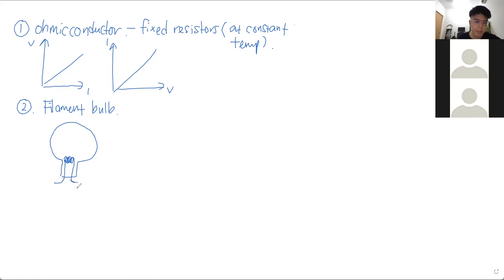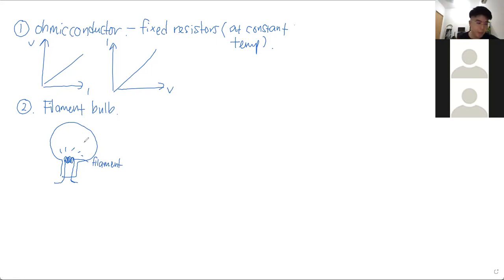Tungsten can withstand very high temperature. So electricity passes through the wire, and this wire is heated. We call the coil of wire the filament. When it heats up, it will glow and produce light. That's how the bulb gets its light. So this is the filament bulb.